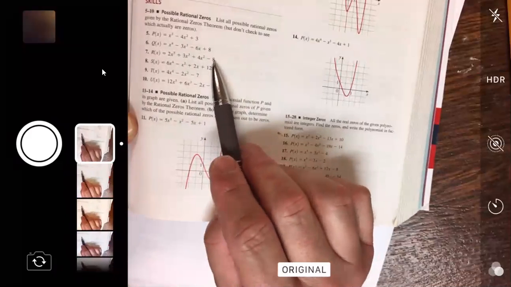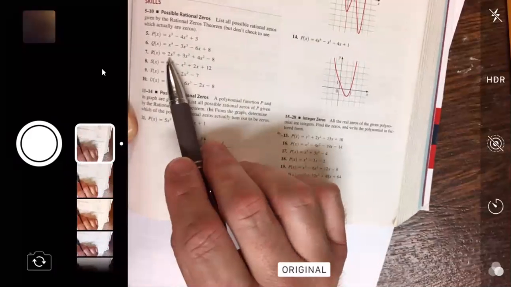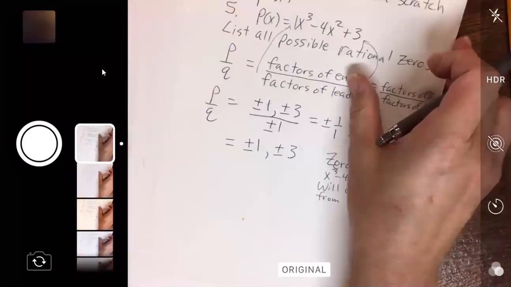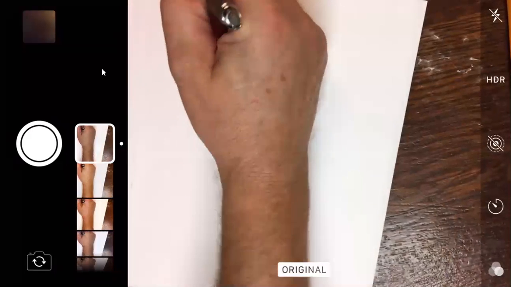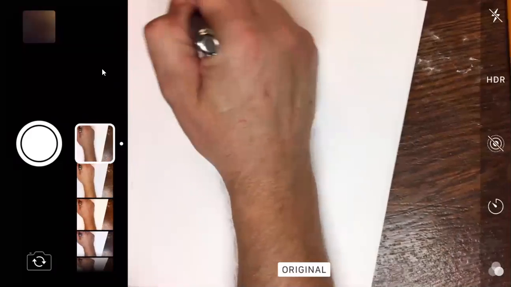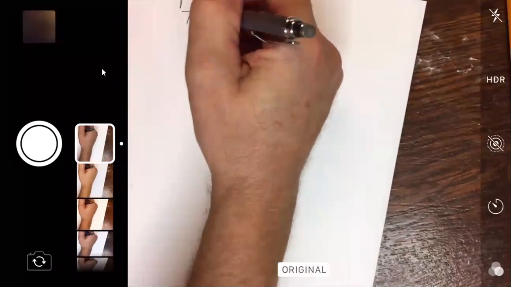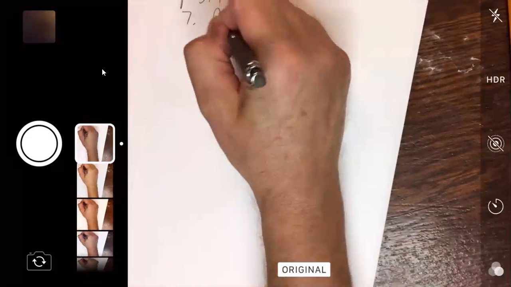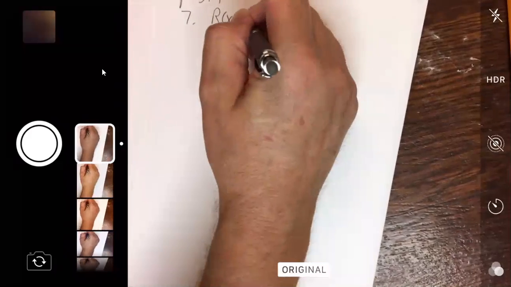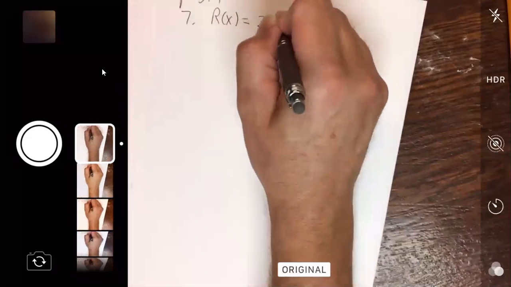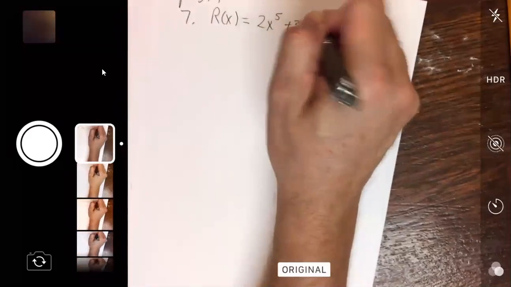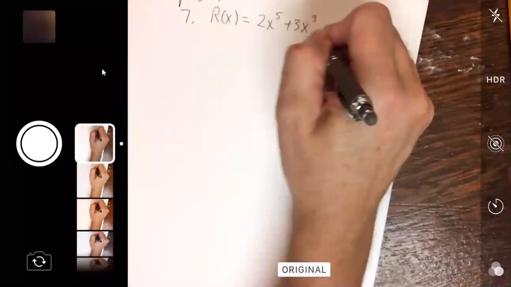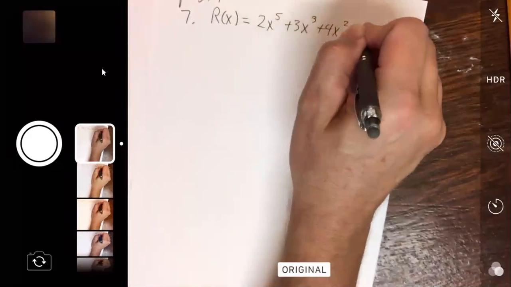I'm going to need factors of 8 over factors of 2. Page 319, number 7. R of x equals 2x to the 5th, 3x cubed, plus 4x squared minus 8.